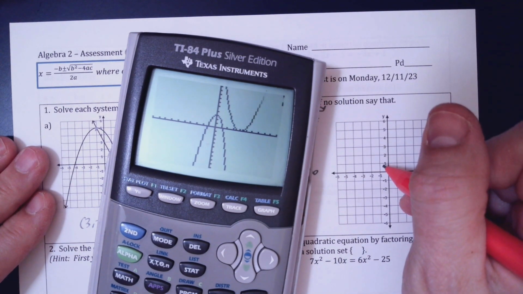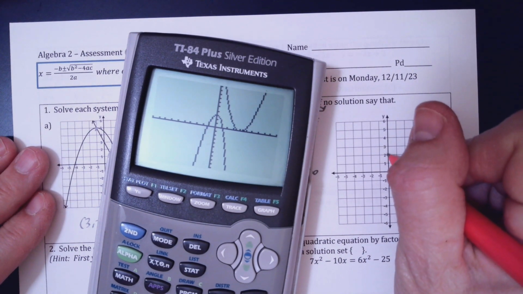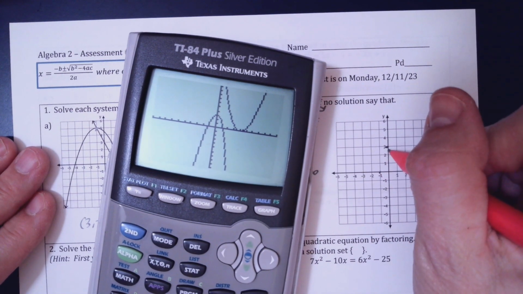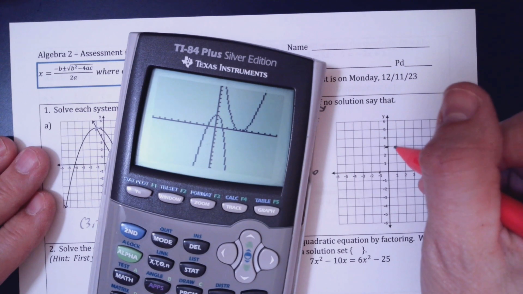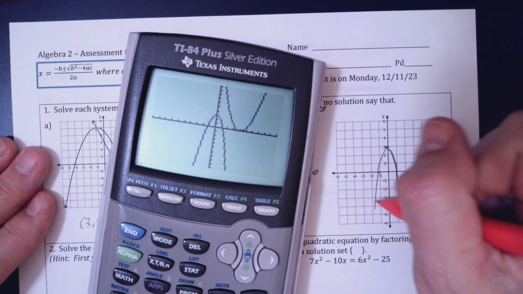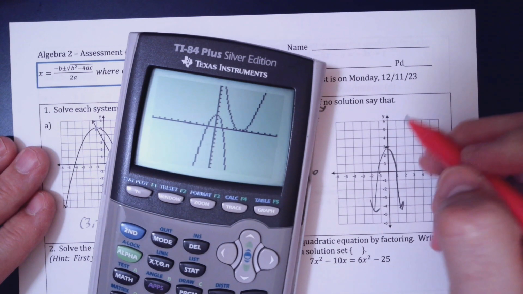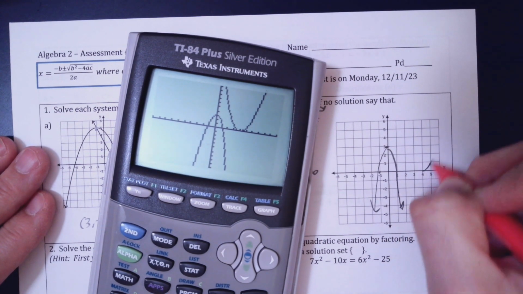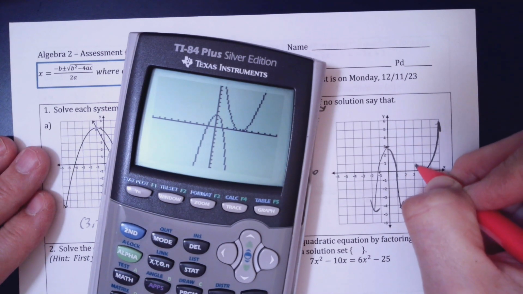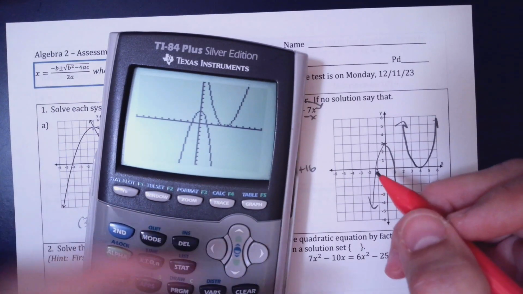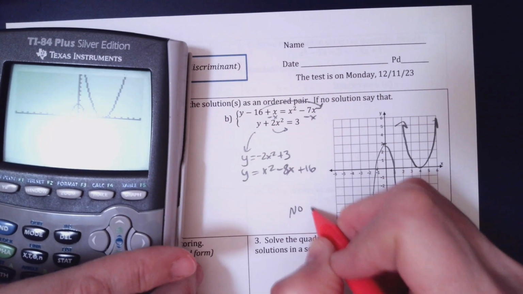All right, so there's this one crossing at 3, and kind of looks like it's crossing at 1, so I'll put that one there. Okay, the other one is over here at 4. All right, and coming up, but when you look at it, they're not touching. So that would be no solution.